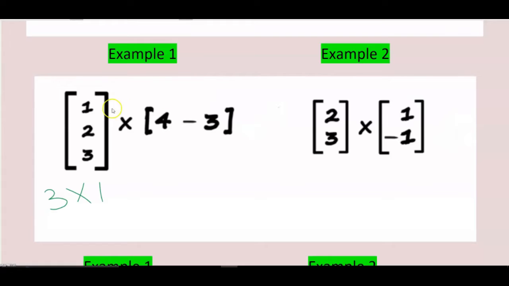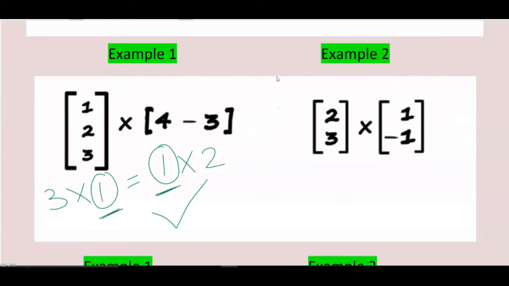Similarly, the order of the second matrix is 1 by 2. The number of columns of the first matrix and the number of rows of the second matrix are both equal, so we can say these are compatible and we can multiply these matrices.